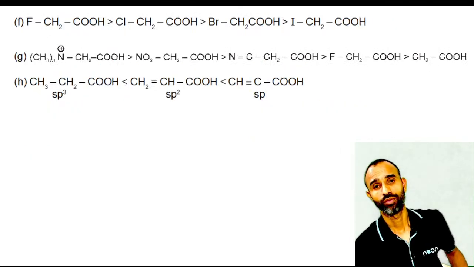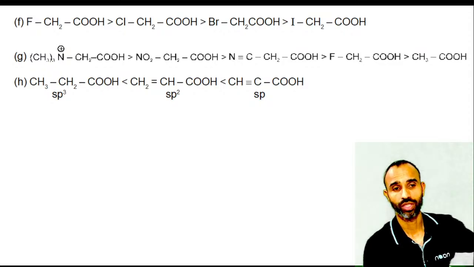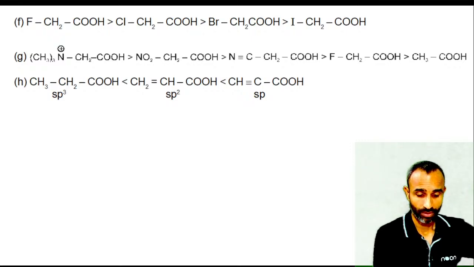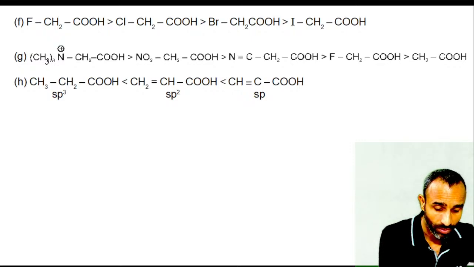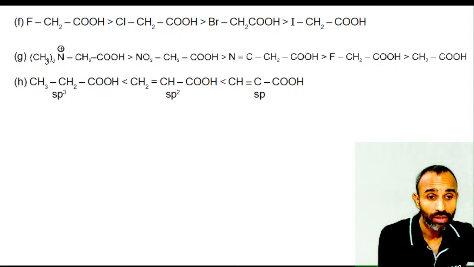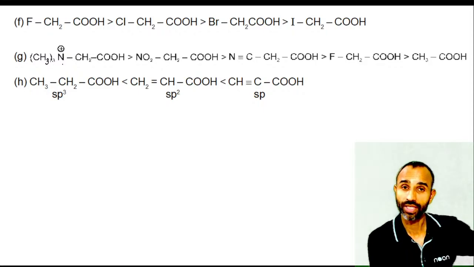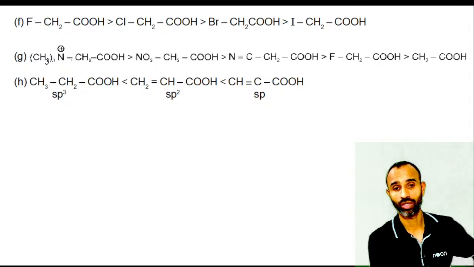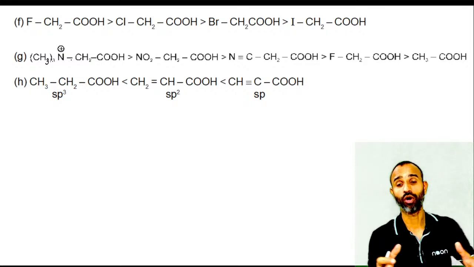Fluoro, chloro, bromo, iodo: just see, fluorine is more electronegative than chlorine, then bromine, then iodine. Yes, nitro has more minus I effect. Just see the order of minus I effect.